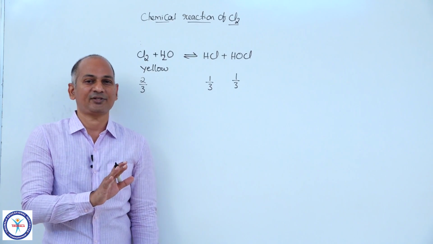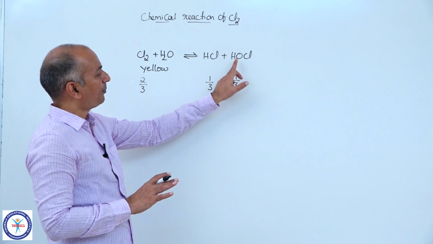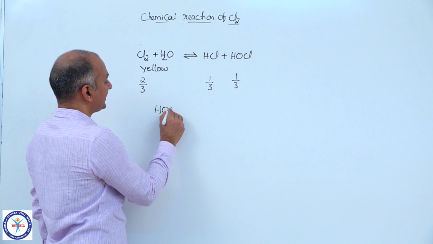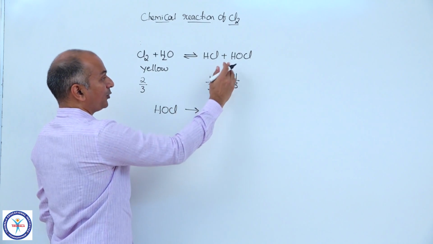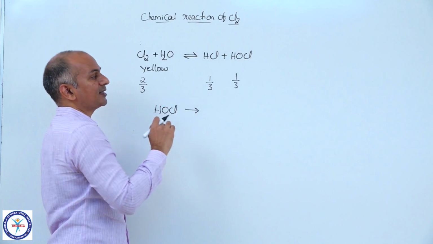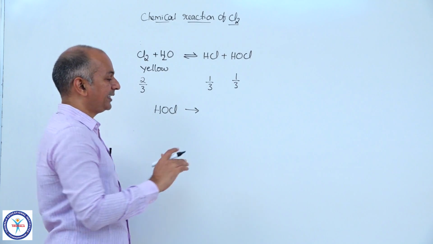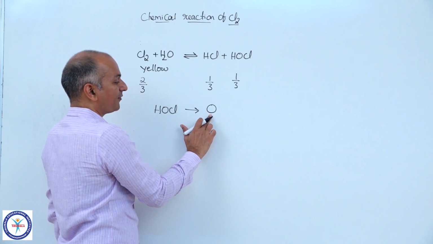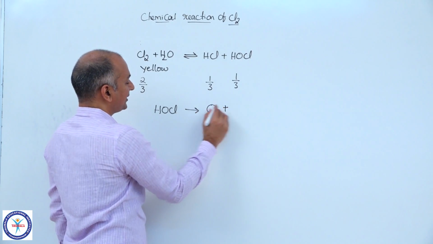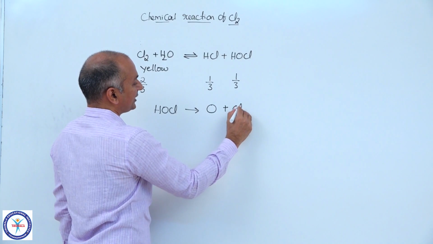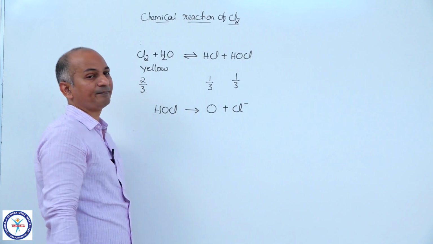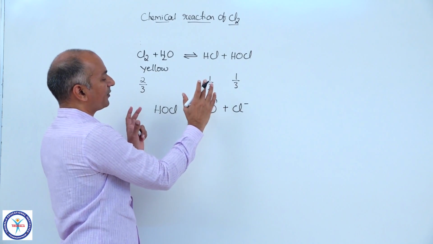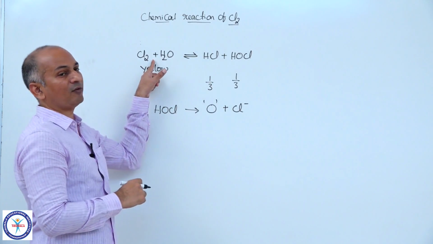Particularly this product HOCl releases nascent oxygen. And I already told you hypochlorite ion is a very powerful oxidizing agent, and because of the release of this nascent oxygen, and obviously Cl plus is converted into Cl minus, this entire chlorine water is a very powerful oxidizing agent.